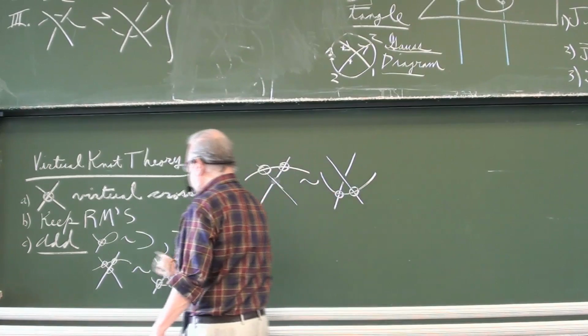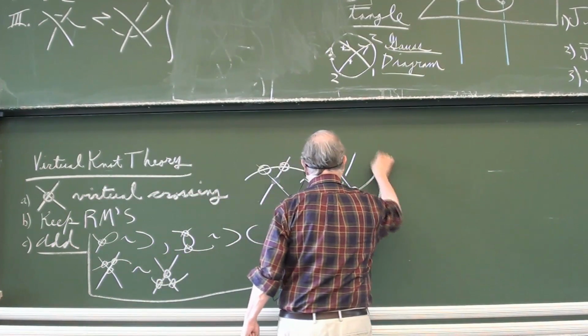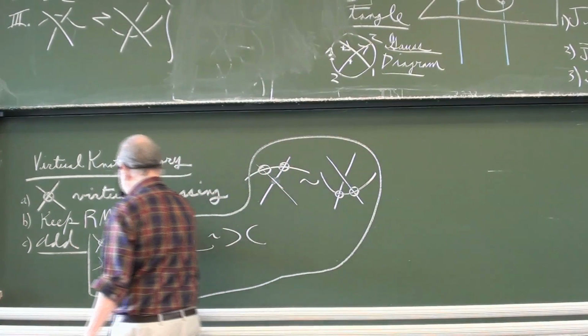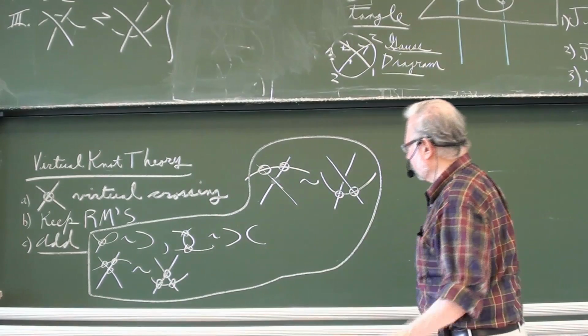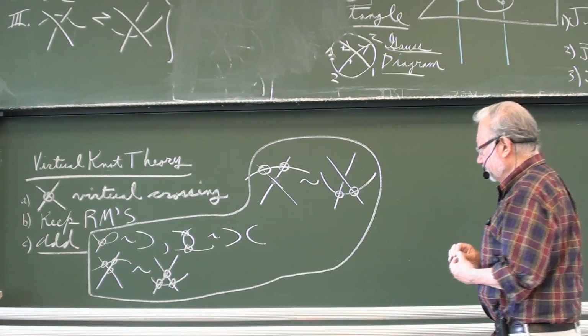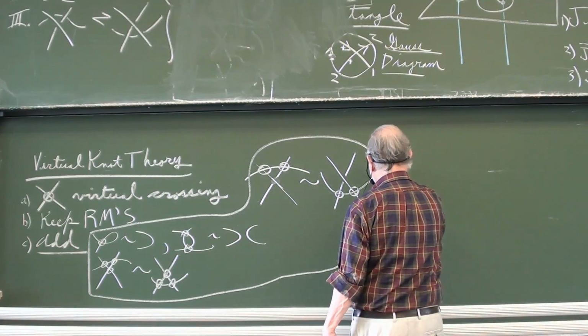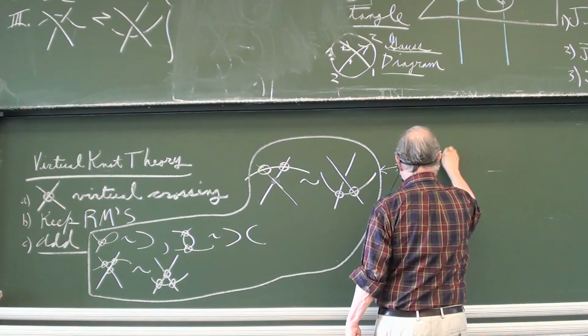So you add this mixed Reidemeister move and these self-Reidemeister moves to the lexicon of moves that are allowed. I can summarize this by saying detour is allowed.